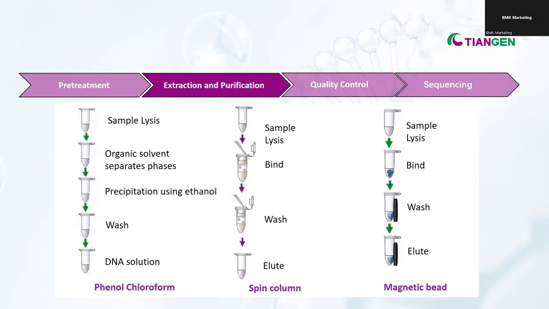Using a strong magnet, the nucleic acid-bound beads are transferred into the wash buffer to remove unwanted material. After washing, the genomic DNA or RNA is eluted from the beads in water or a low-salt buffer. The bead-based method is scalable and automation compatible.